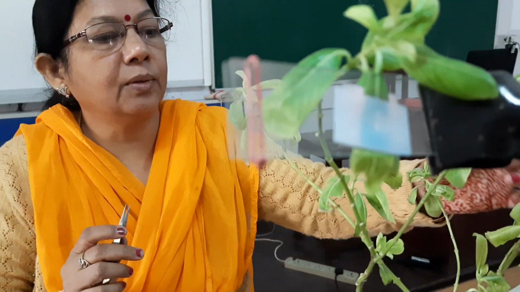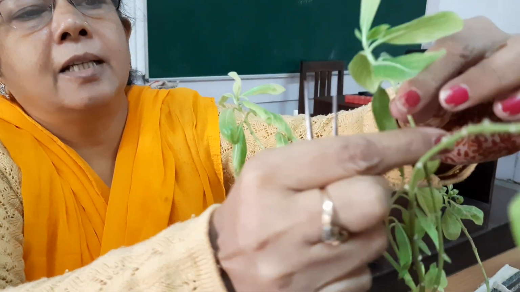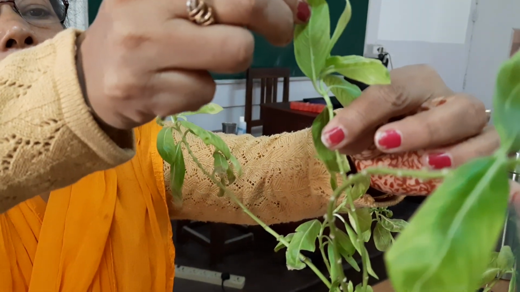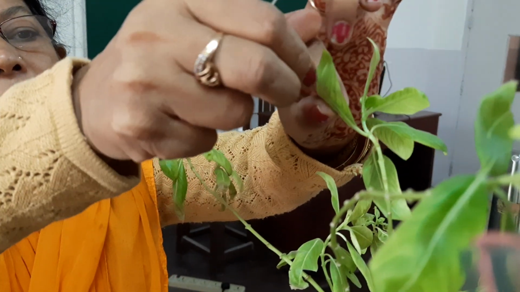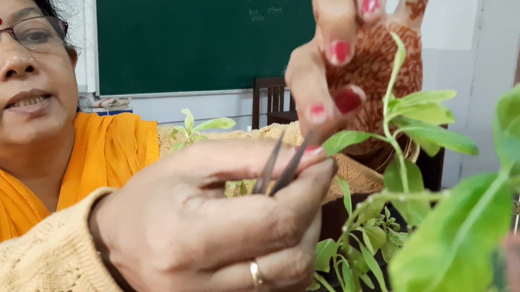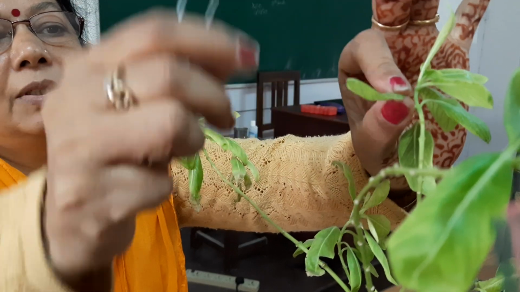For this you need to understand a concept here. Suppose this is a branch, right? Now if you take this leaf and place it here, you will find one surface faces towards the soil, that is the lower surface, and one faces towards the stem, that is the upper surface.